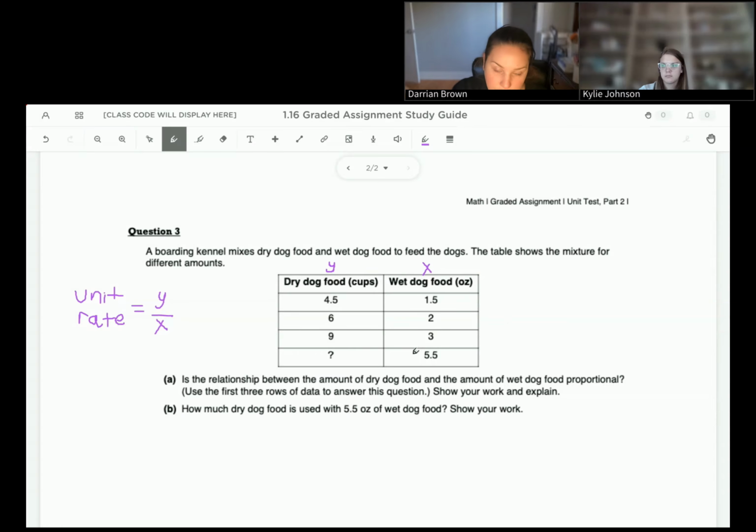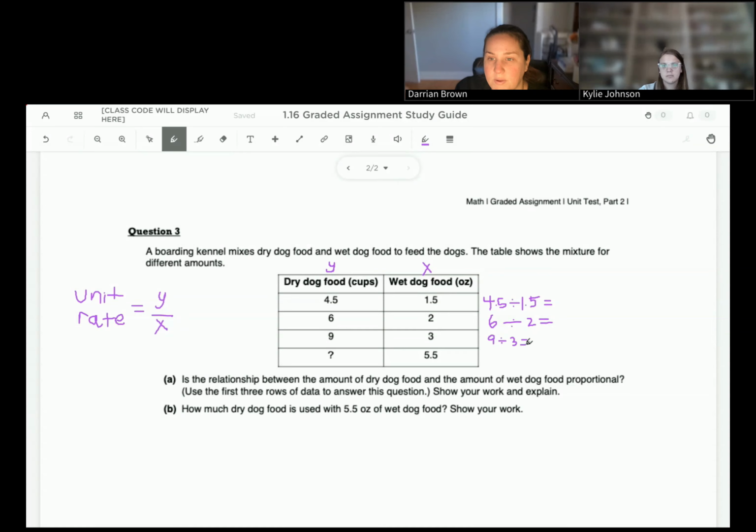If they do, then we know it is proportional. So let's set them up. We've got 4.5 divided by 1.5. Then we've got 6 divided by 2. And then we've got 9 divided by 3.